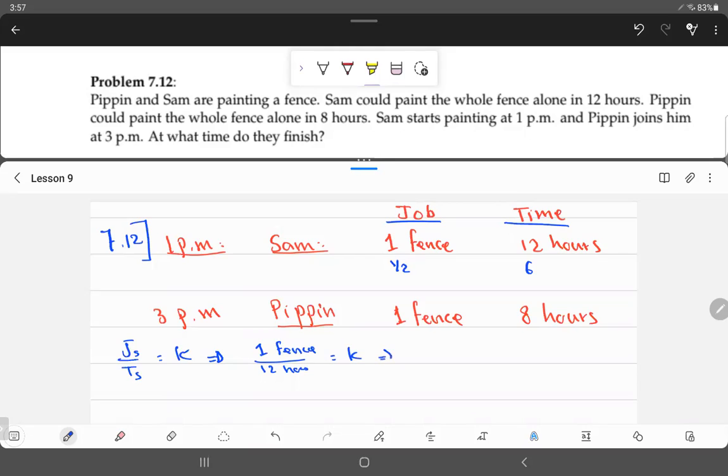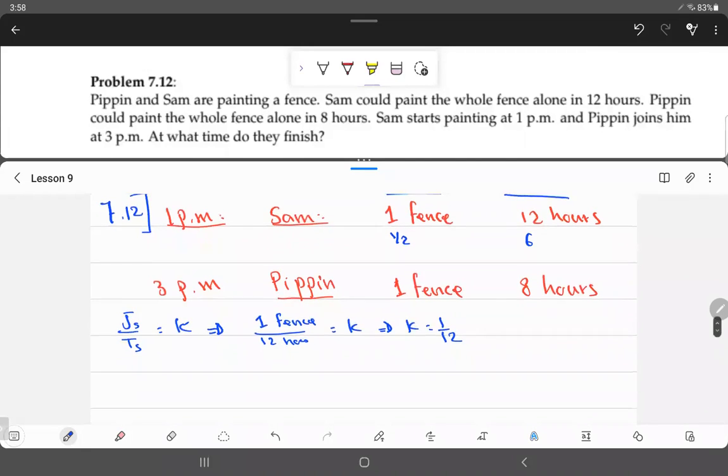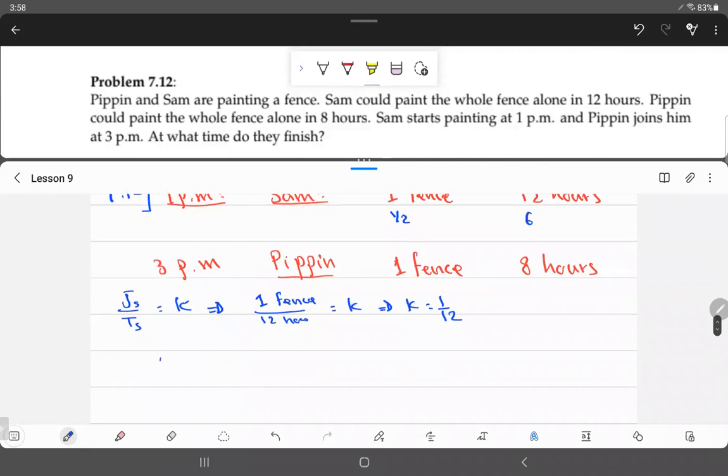So K is 1/12, or 1/12 of the fence per hour, we can say, right? So we can say that JS over TS equals 1/12 all the time. This is the relation for Sam's, okay?